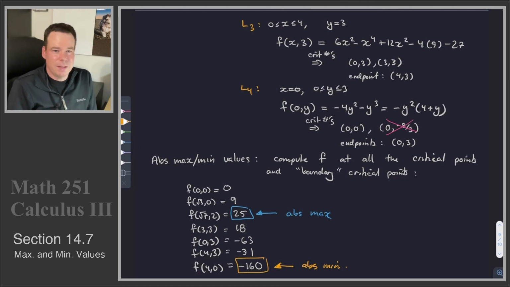Depending on how many segments you use for your boundary curve, you have to solve that many calculus 1 problems. We used 4 segments because it was a rectangle, so we used a line segment for each side, and we solved 4 1D calculus problems, and then brought everything together, all our critical points and our boundary critical points, and compared the values, which one was biggest, which one was smallest. That gives us our absolute max and our absolute min.